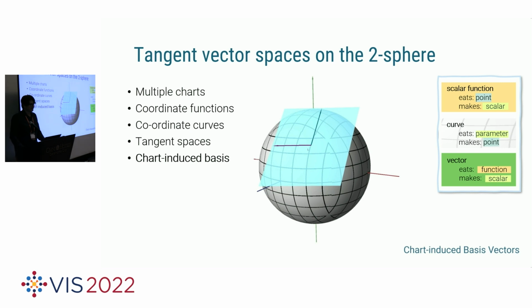And we can look at these two vectors here that are the chart-induced basis vectors. So there are two basis vectors at every point, for each tangent space. We have basis vectors, and again, we're making a choice. We could use different kinds of basis vectors, but here we choose them such that they are always the tangents to the coordinate curves. That's why we have this visualization here of the coordinate curves, and then we see as we walk along.